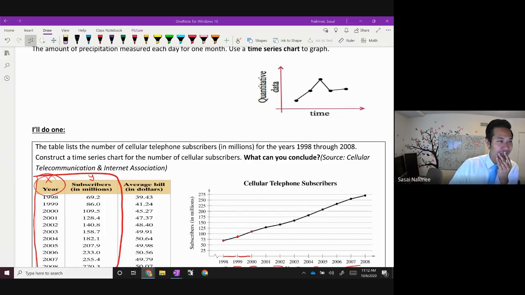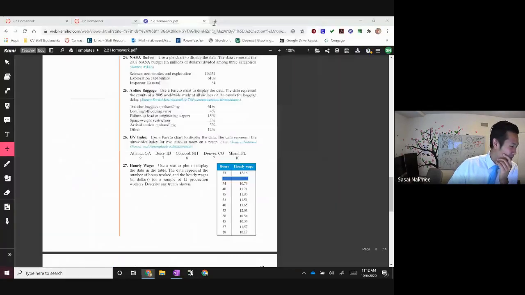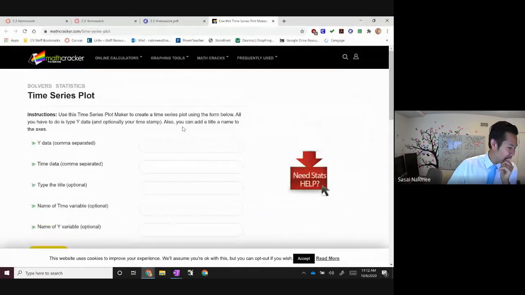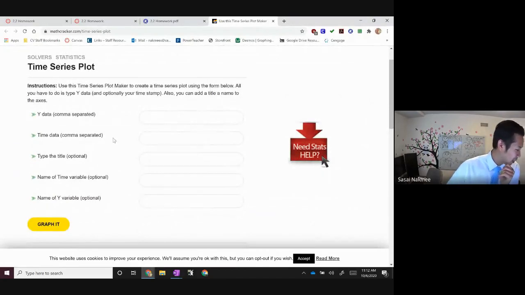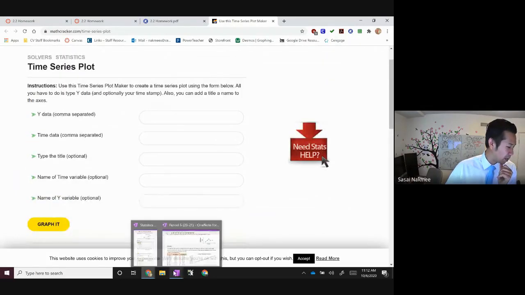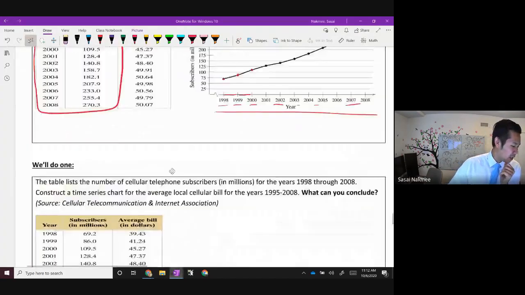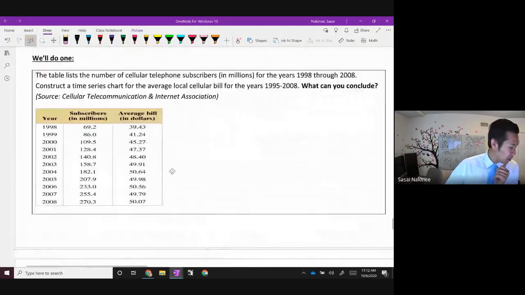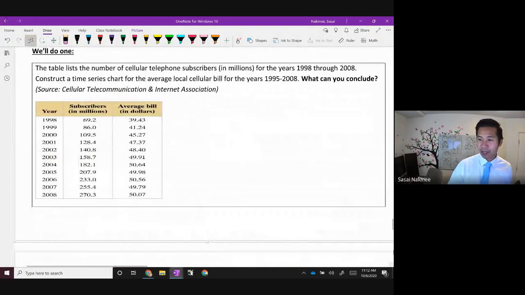All right, so here we go. On this site, supposedly right here, you have your Y data, and then you have your time data, and it should supposedly graph it for you. They're going to separate them by commas here. So let's go down here to the will do one. The will do is asking us to focus on the average bill.